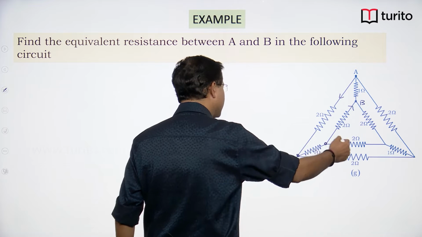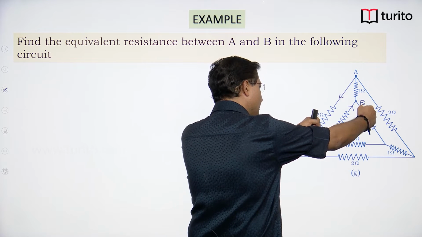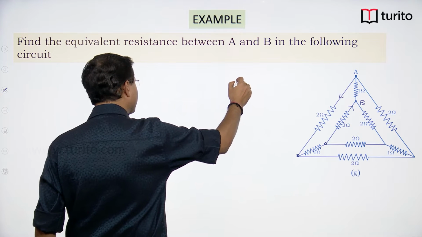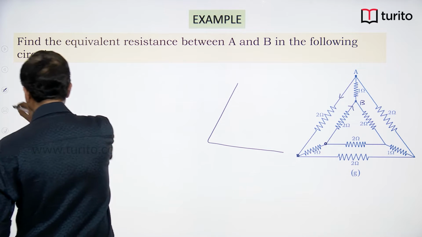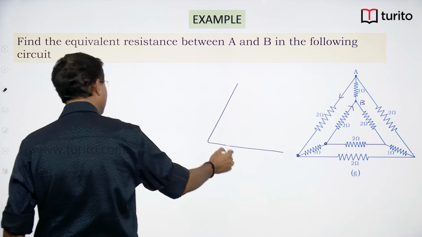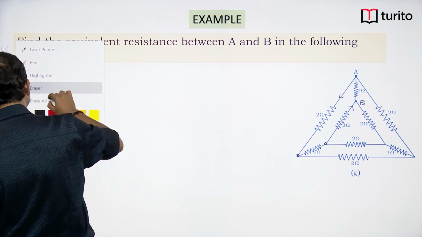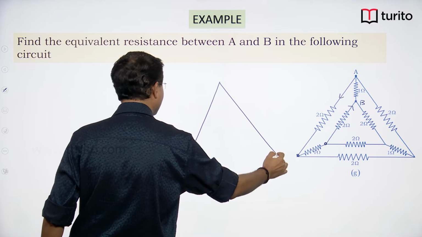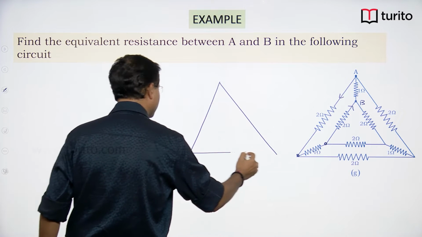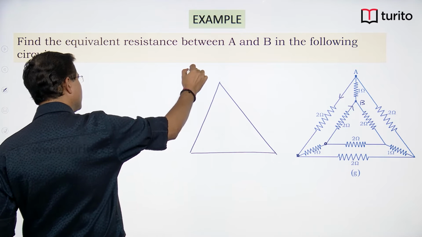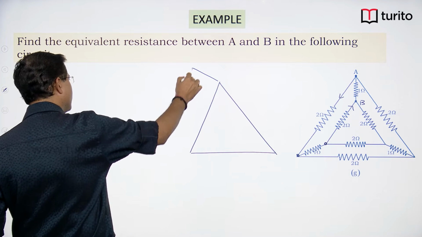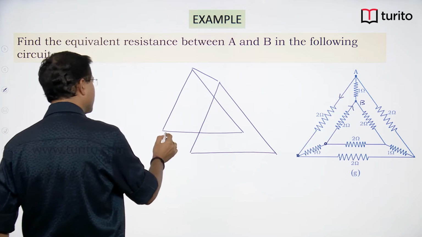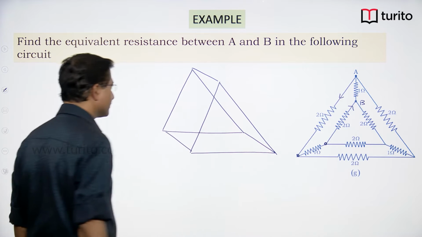If you take this inner triangle out, this will become something like a prism. Okay. So, something like this you are going to get.